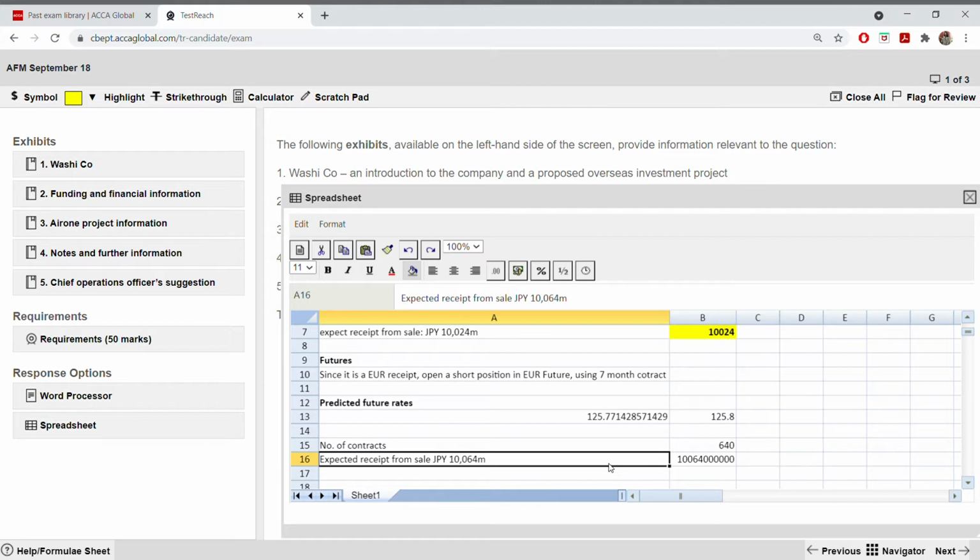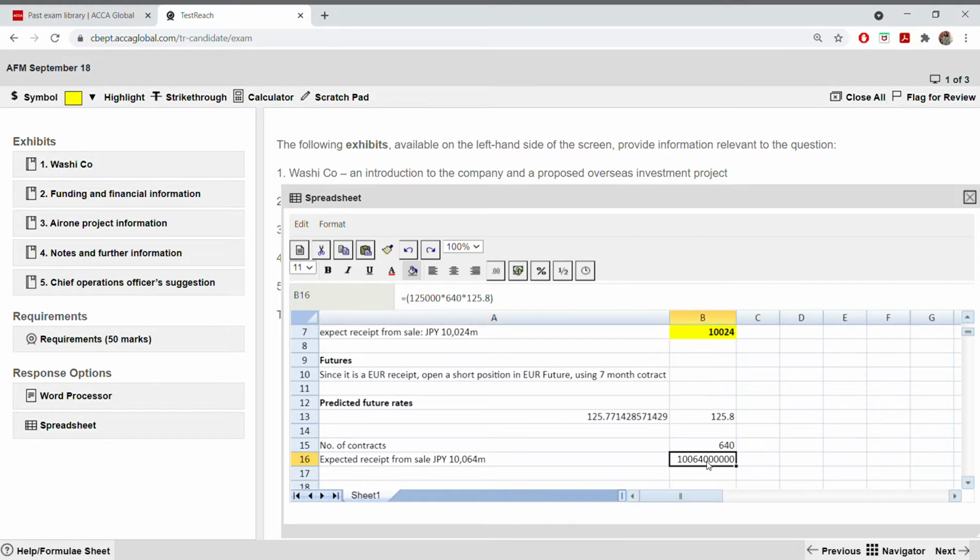How did I do that? Since there are 6 zeros in millions, just drop down the 6 zeros. If you count the zeros, 1, 2, 3, 4, 5, 6. The number remaining will be 10064, so you write million in front of it, 10,064 million, rather than writing the 6 zeros at the end.